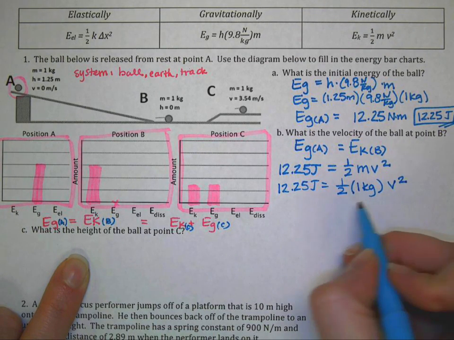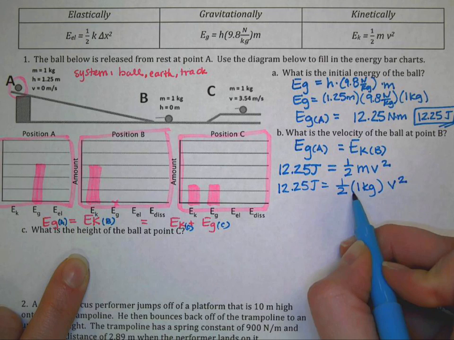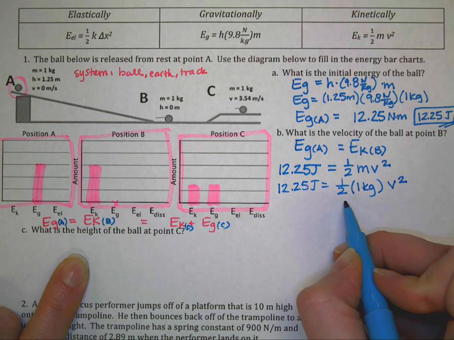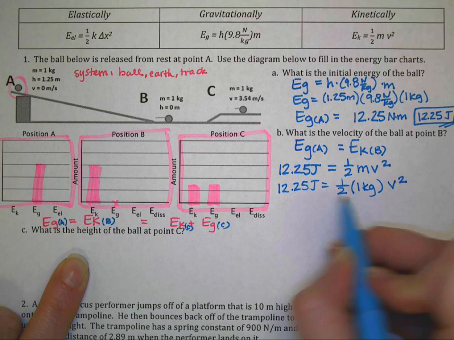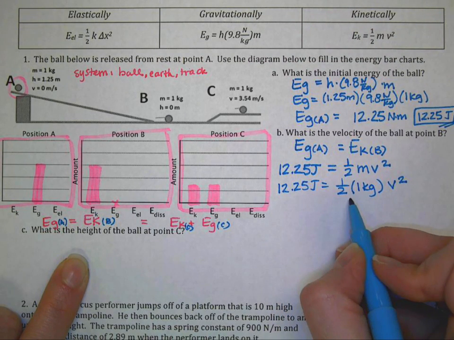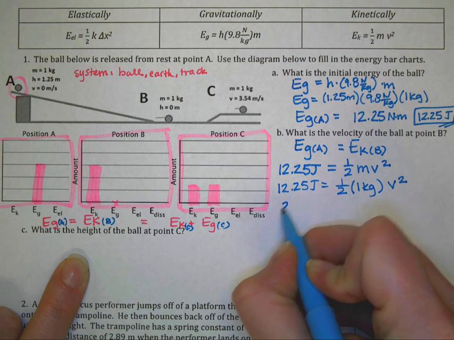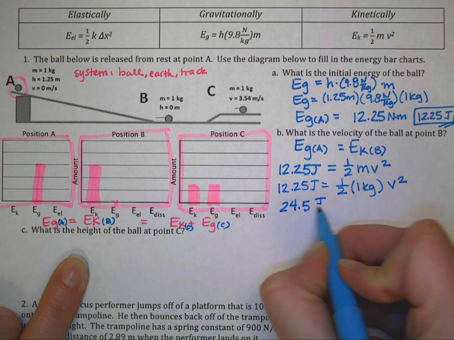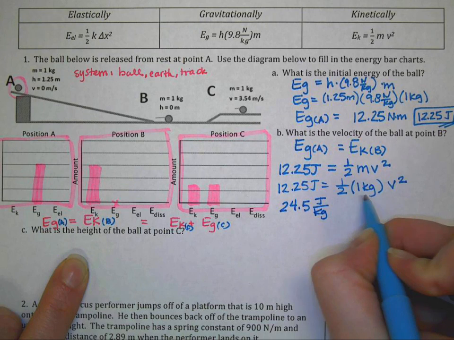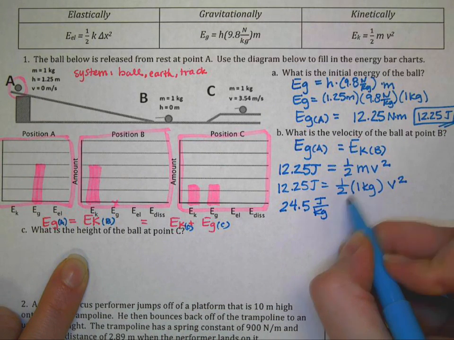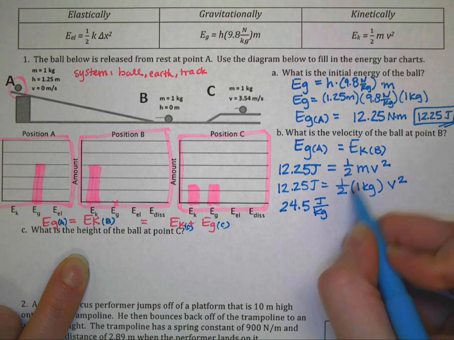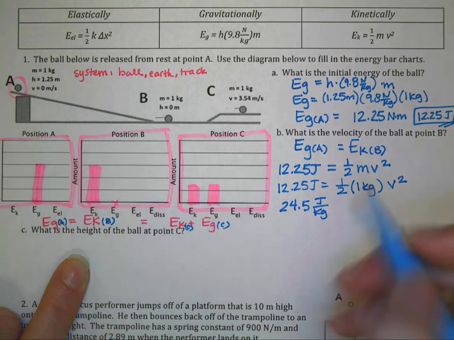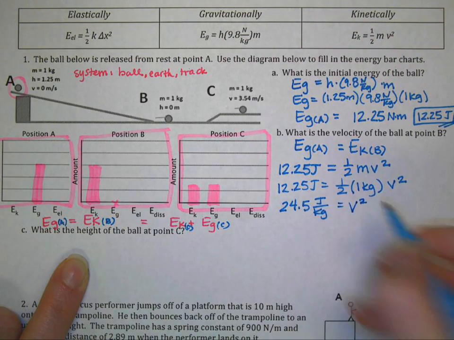To solve for this, we would have to multiply 1/2 times 1, which is 1/2, and then multiply both sides by 2. Multiplying both sides by 2 gets us to 24.5 joules per kilogram, because we multiplied by the 2 to get rid of that 1/2, is equal to velocity squared.